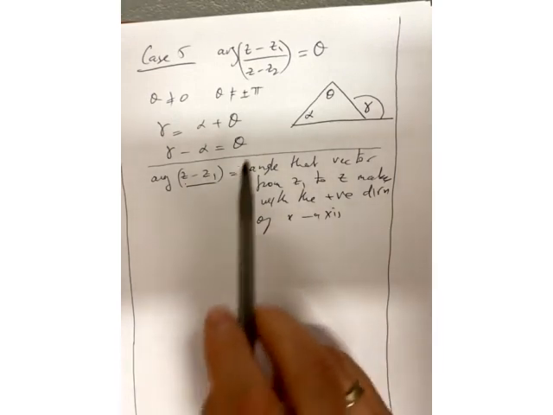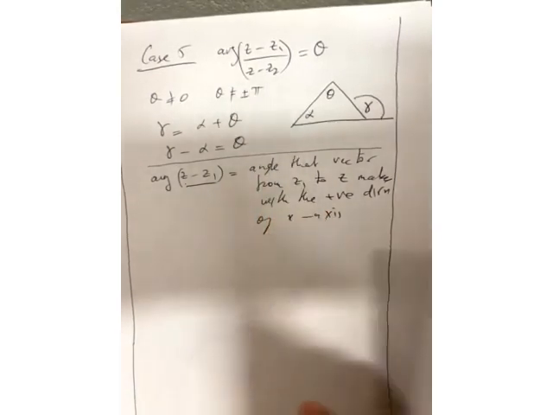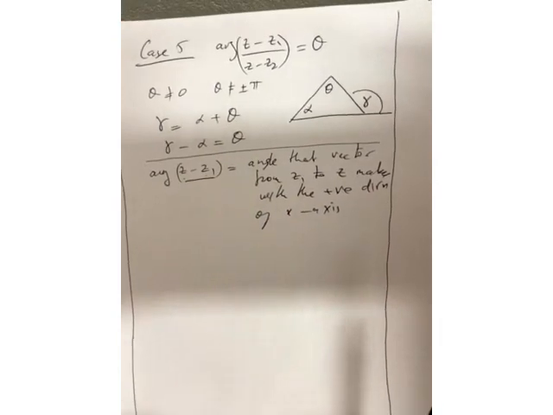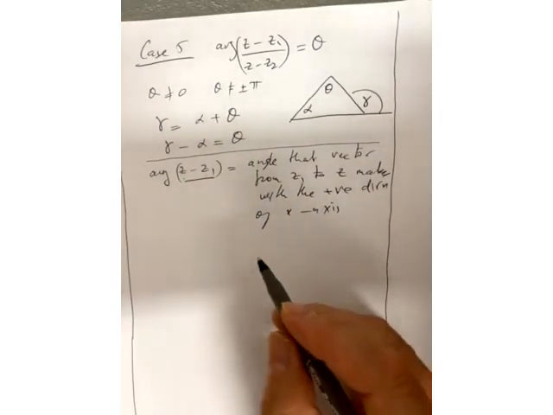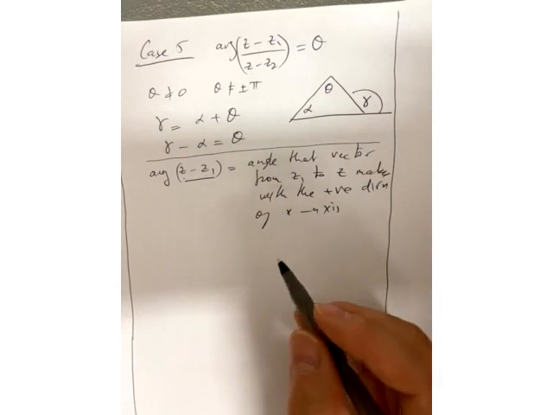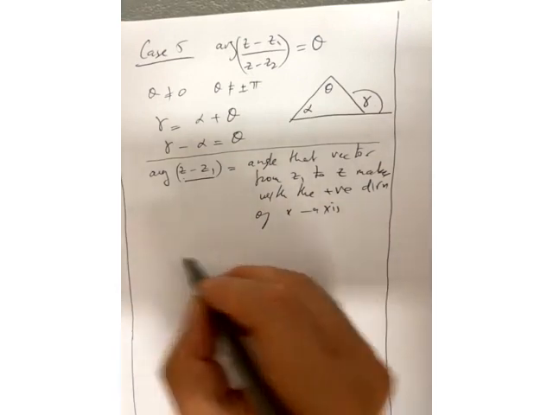I'll say that again, this is shorthand. Likewise, arg(z minus z2) is the angle that the vector from z2 to z makes with the positive direction of the x-axis.